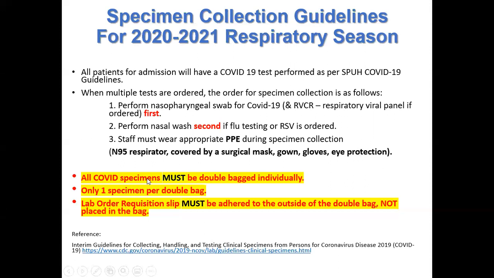All COVID specimens must be double bagged individually. Only one specimen per double bag. The lab order requisition slip must be adhered to the outside of the double bag, not placed in the bag.